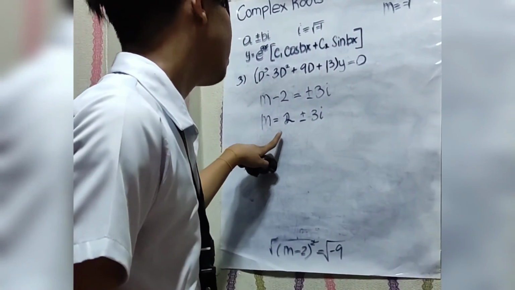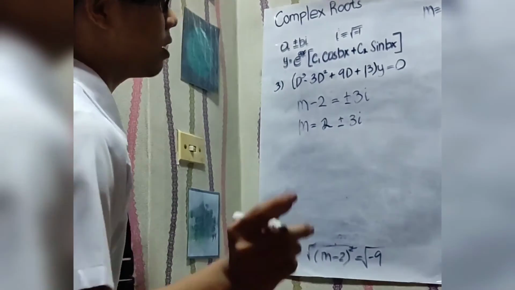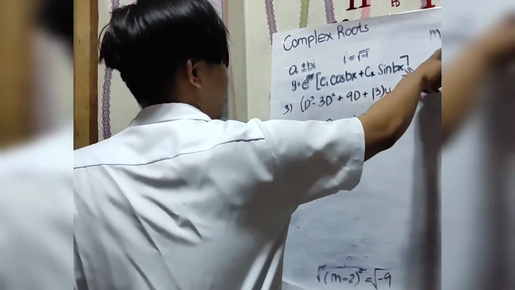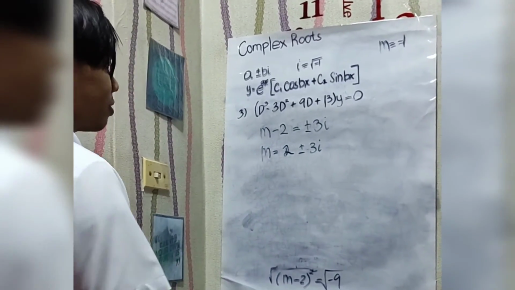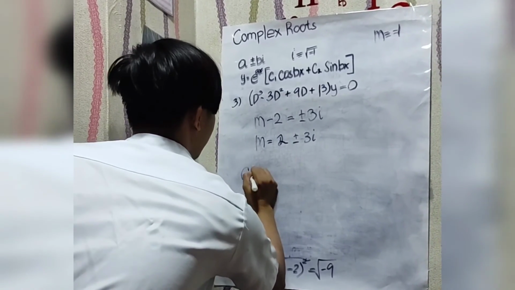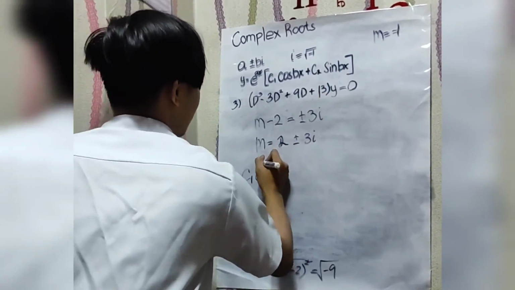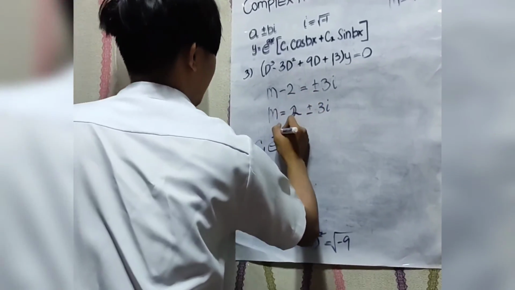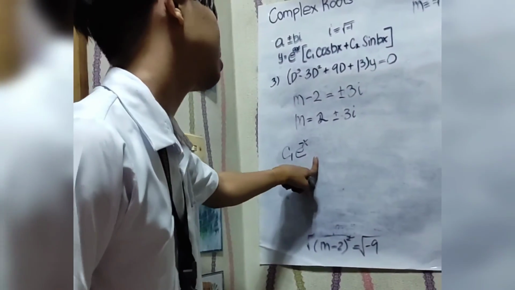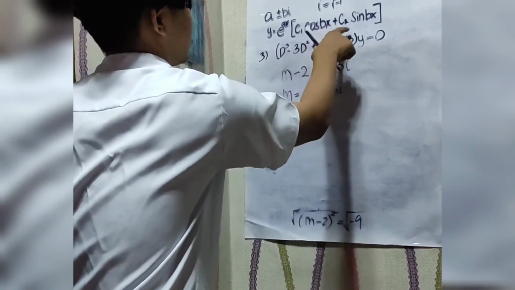Ito yung isa pa nating roots. Katulad nung kanina, yung kay Martin, sa may distinct roots, yung formula nun is C1 times E raised to kung ano yung roots natin, negative 1 x.